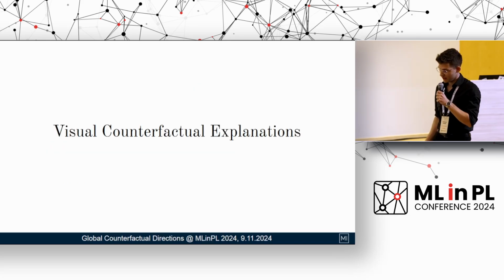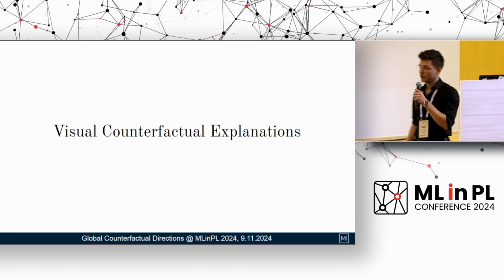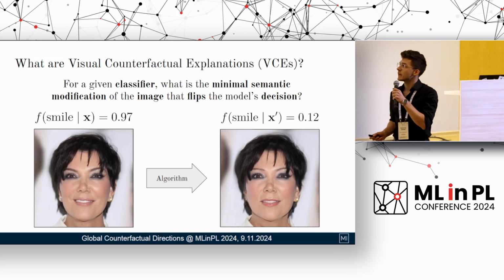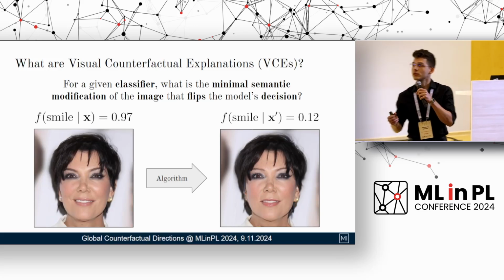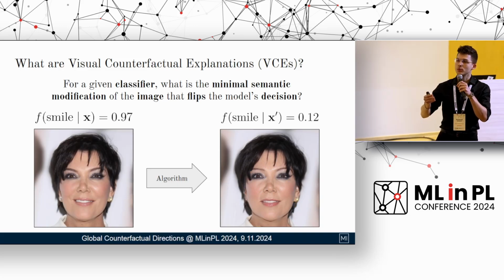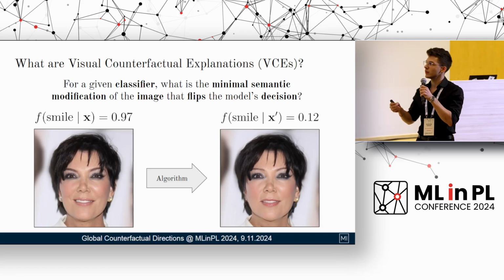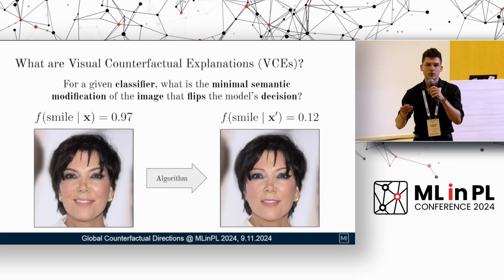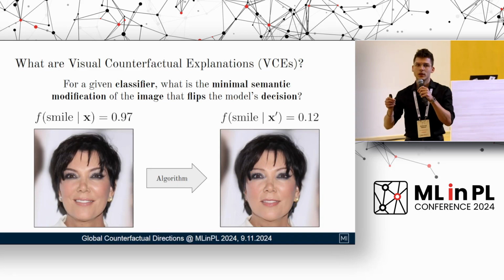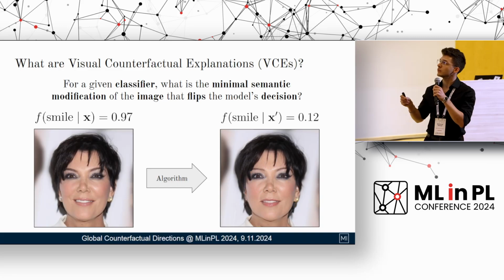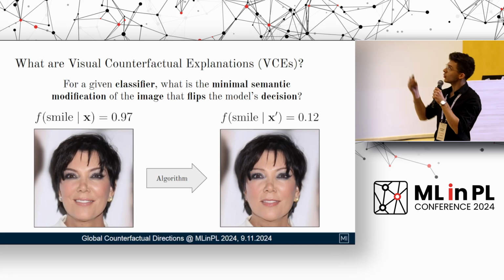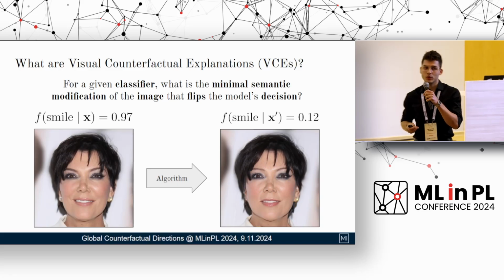Okay, so a very intuitive explanatory technique in computer vision are visual counterfactual explanations. So it is often thought that we as humans think in this way, that given an image, if you want to explain what your model thinks about this image and how this model takes up its decision, you could semantically modify this original image minimally so that the decision of the model changes, but you observe the semantic features that were modified, right?